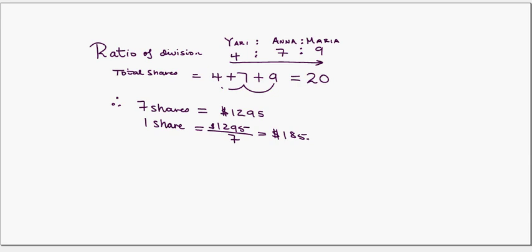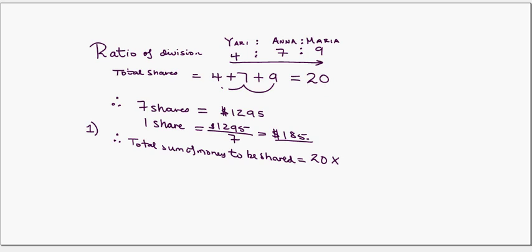Why is that important? Because now we can answer part 1 of the question. The total sum of money to be shared will be equal to the total number of shares, which is 20, times whatever the value of 1 share is. 1 share is 185.